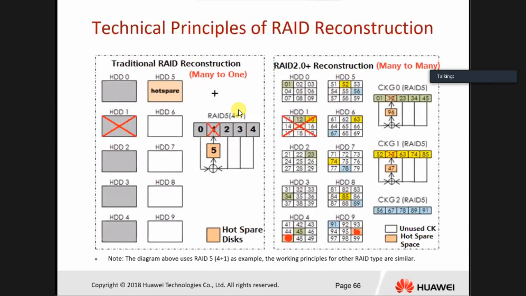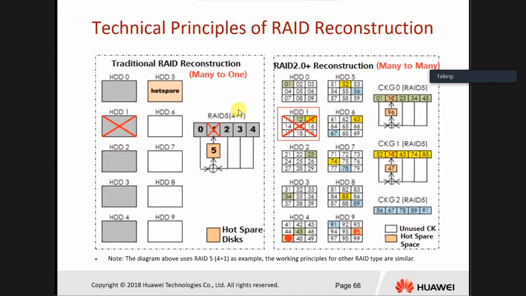Until you replace hard disk number 1. So in this case, you need to immediately replace. If there's any disk failure, immediately replace. Because once the hot spare space is used, it will not create a new hot spare space until you replace this hard disk, hard disk number 1. That is how RAID 2.0 does the regeneration of hot spare space after you use it.